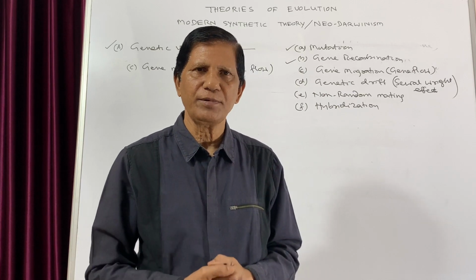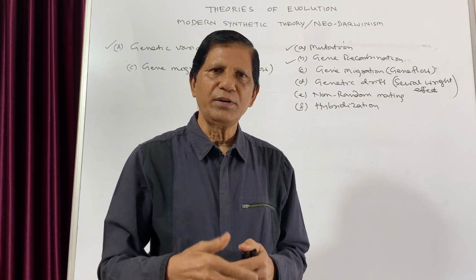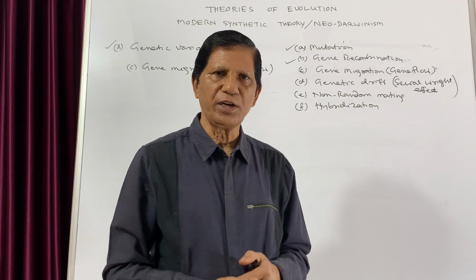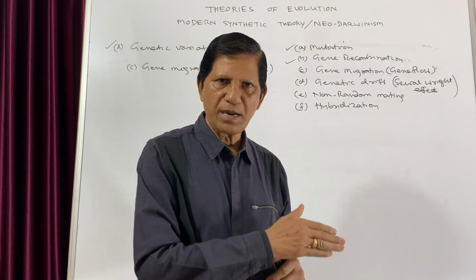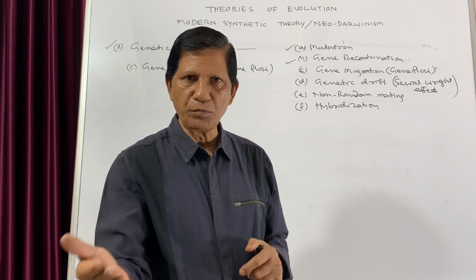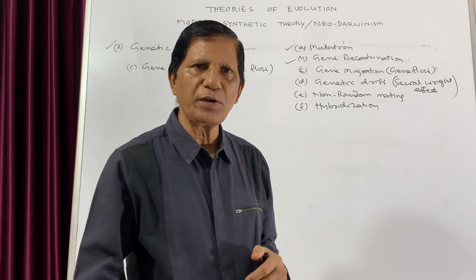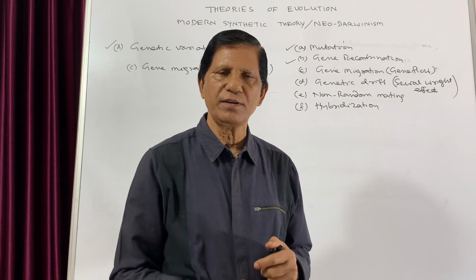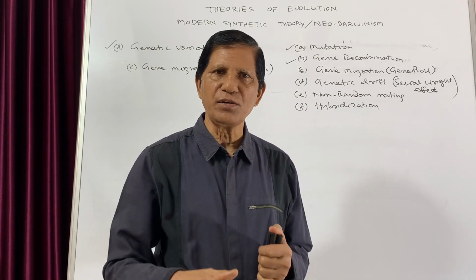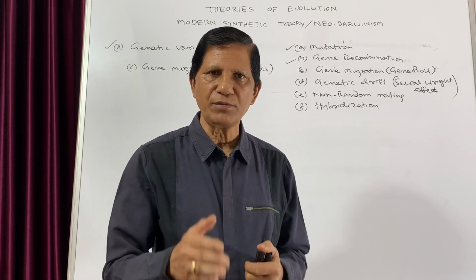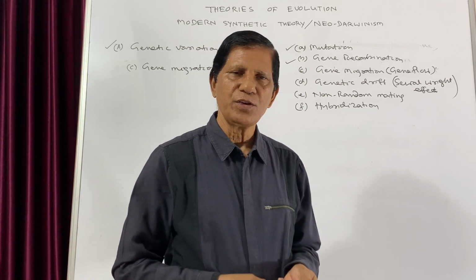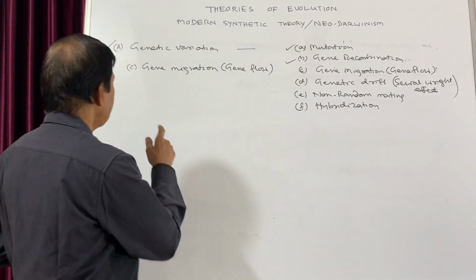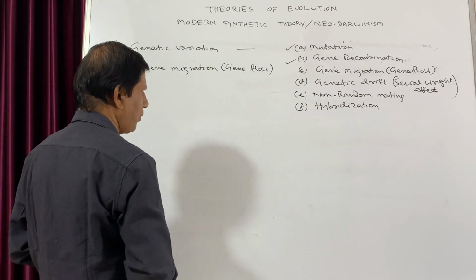So what will happen? Now here the new alleles will be formed because a population which has immigrated to a new population is now breeding with the host population. So naturally new characters, new alleles will be formed, and that will create a variation which will lead to evolution. So that is known as gene migration or gene flow.